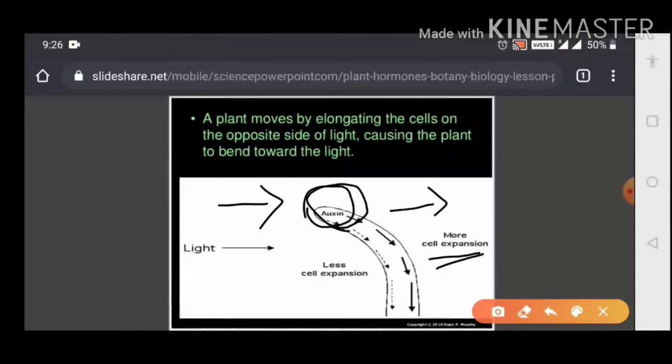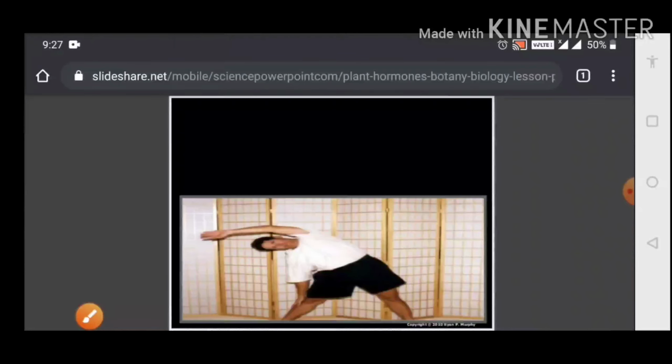So on this side there is less expansion of the cells, and towards the opposite side of light, there is more cell expansion. Cell expansion means on this side the cells will be of smaller size, and here the cells will be of larger size. So it results in bending of the shoot towards the light. Like this man, how he is bending to exercise.